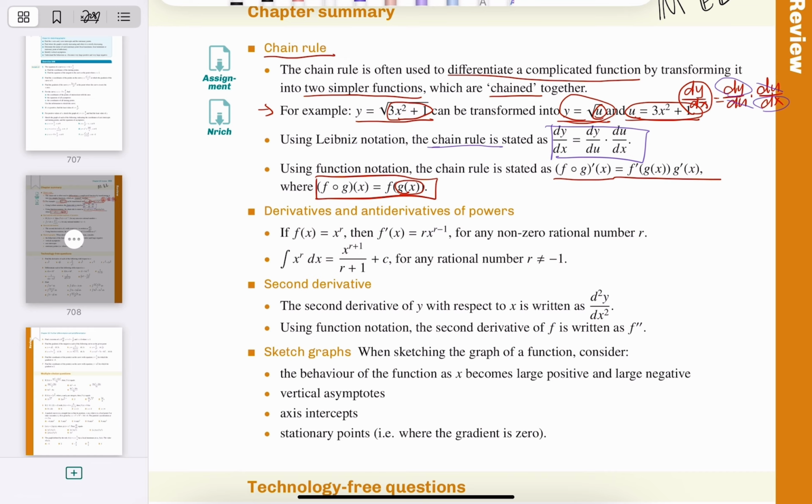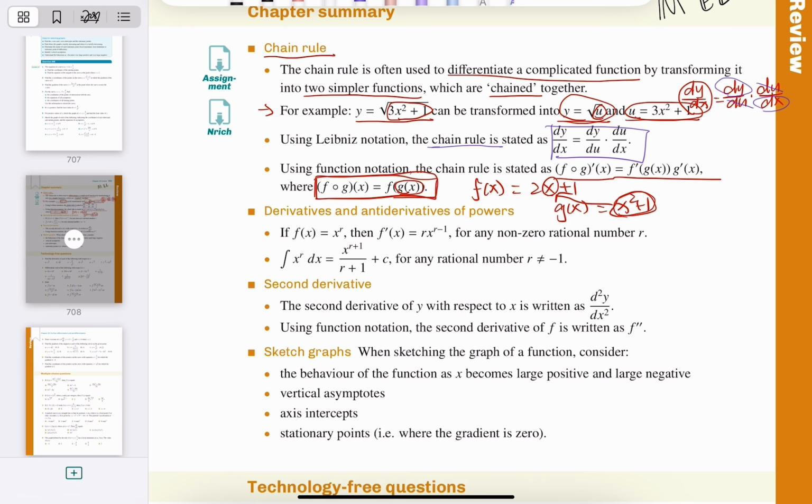So for example, if we have f(x) equal to something like 2x plus 1, and then we have g(x), for example, x squared plus 1, then this x over here represents the whole chunk of x squared plus 1. That's what the composition of functions means.